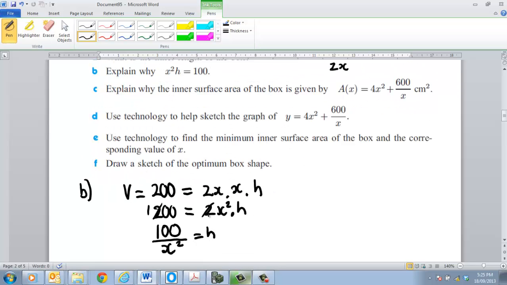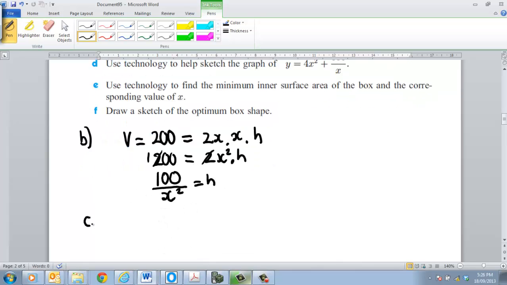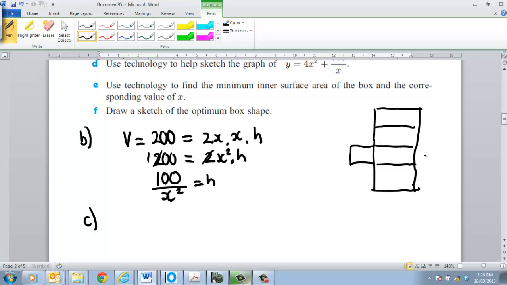Going to the next bit of this question, explain why the inner surface area of the box is given by that. If you think about your 2D net for that shape, we'll draw it over here. That's going to be 1, 2, 3, 4, and then two sections like over here.